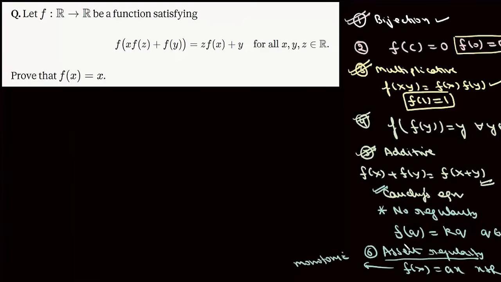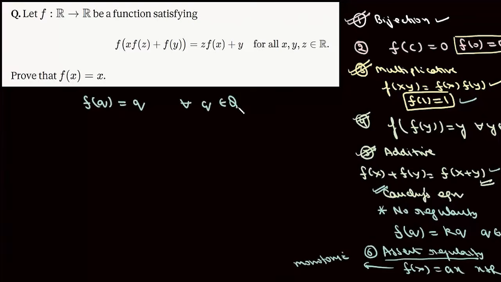Now we know that from f(1) equals 1 and Cauchy's equation, we can say f(q) will be q for all rational numbers, and for any t which is greater than or equal to 0, we can write this t as root t square.